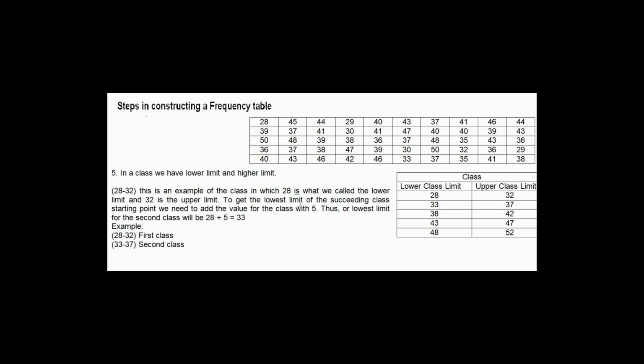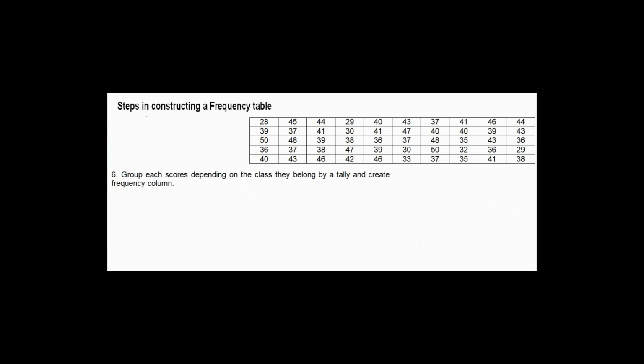To get the lowest limit of the succeeding class starting point, we need to add the class width of 5. Thus, the lowest limit for the second class will be 28 plus 5, which is 33. So this is an example of our class table.